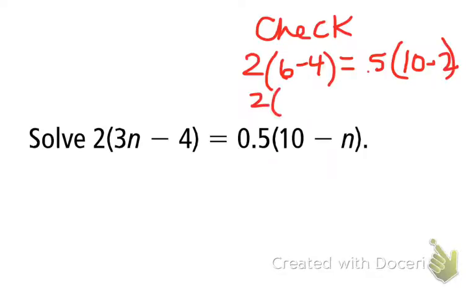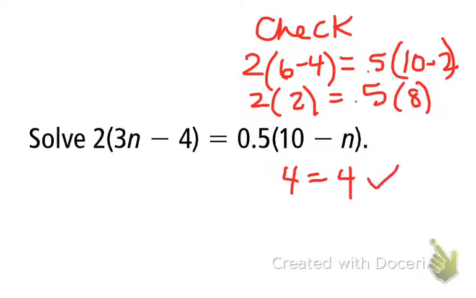So 2 times 2 has to be equal to half of 8. So 4 equals 4, and I see that it is checked.